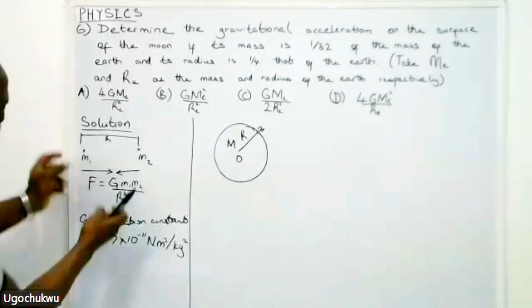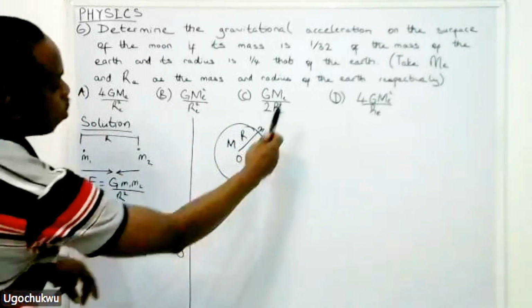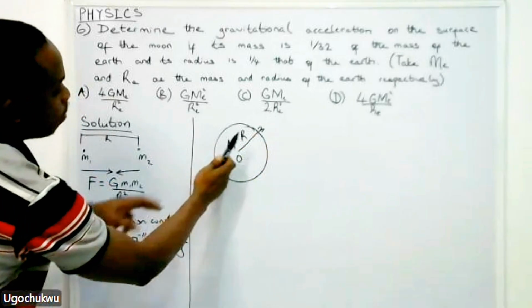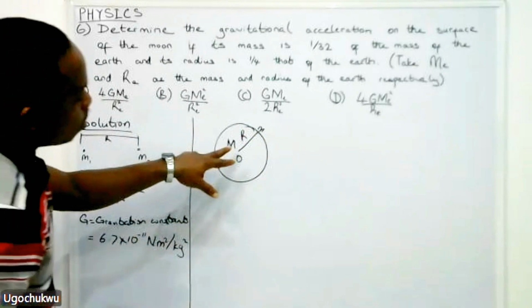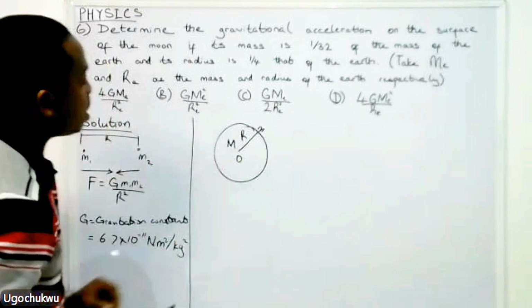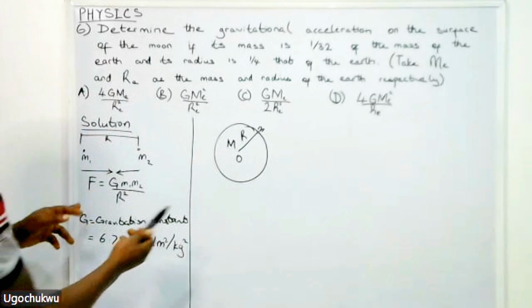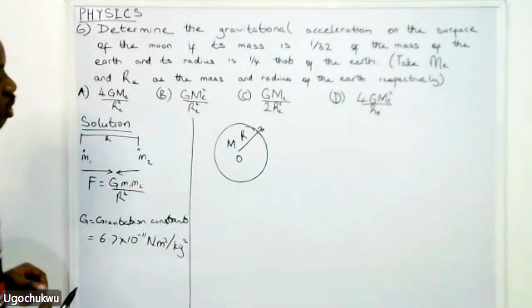So if we apply Newton's law of gravitation here, a mass on the surface of the Earth, mass of the Earth, distance r between the two of them, because the mass of the Earth will be concentrated in the center, we can say that the force between them is G M1 M2 over R squared.